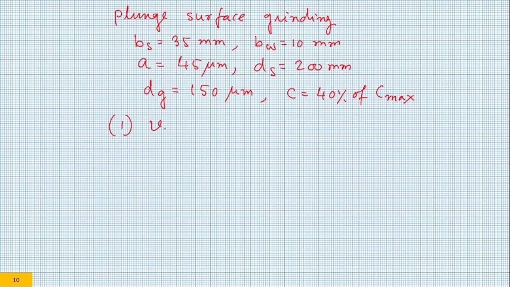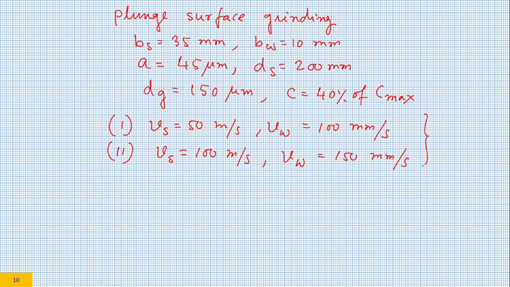One case, your Vs is 50 meter per second and VW is 100 millimeter per second. In another case, Vs is 100 meter per second and VW is 150 millimeter per second. So in which case you would have more probability of wheel loading, that you have to analyze. RP is 30% of DG.